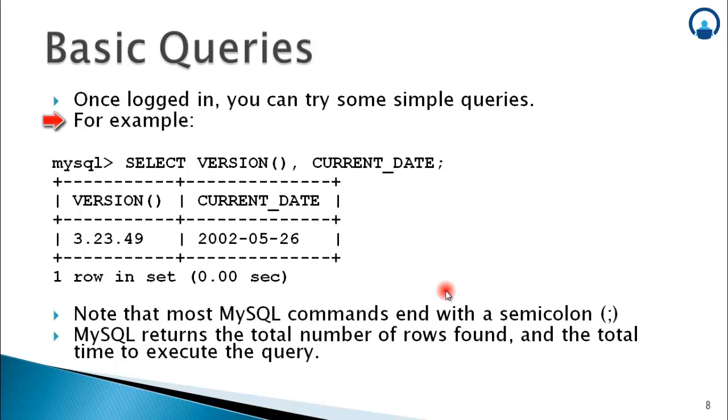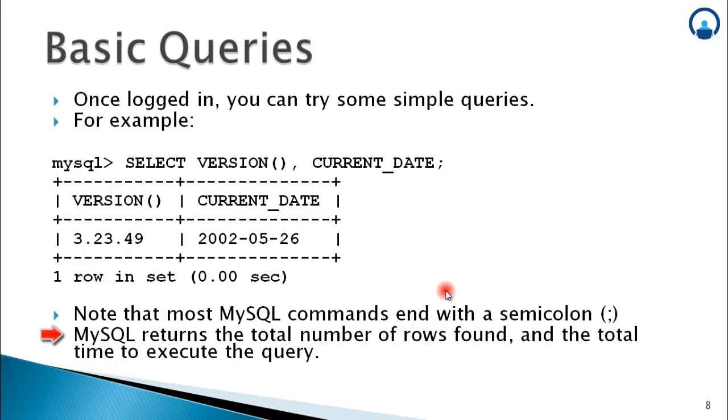from MySQL. It gives you the version of MySQL that you are using on your system plus the system date of your machine. And below that you get one row in set 0.00 sec. That is how much time the query took to execute. So note that most MySQL commands end with a semicolon and then press enter to execute them.